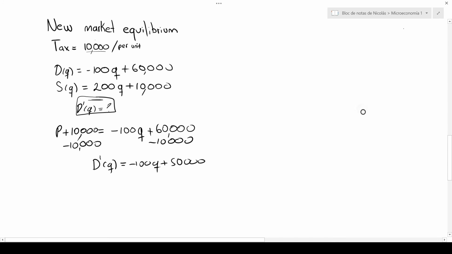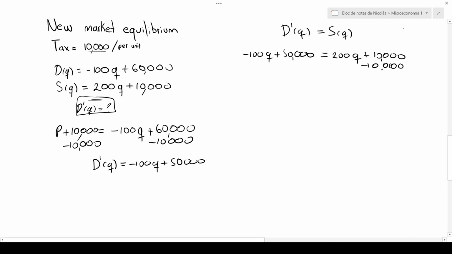And we're going to be searching for that point at which the new demand equation meets the supply equation. So we have that negative 100Q plus 50,000 is equal to 200Q plus 10,000. We can subtract 10,000 from both sides and add 100Q for both sides as well.